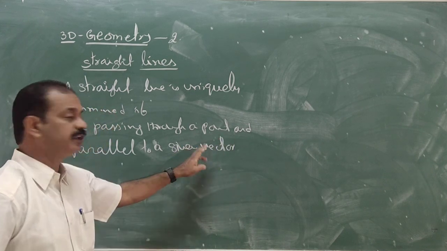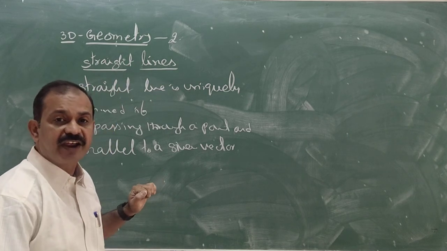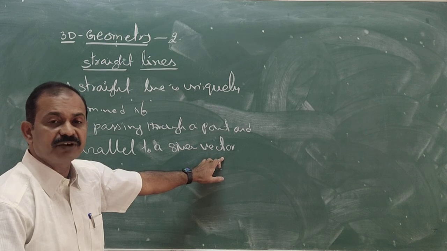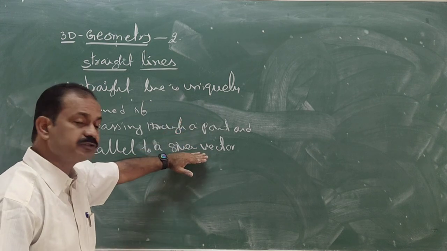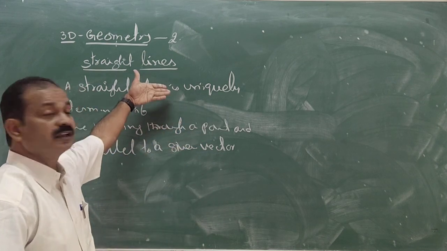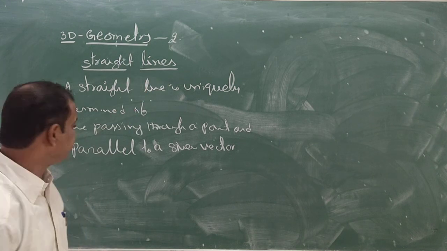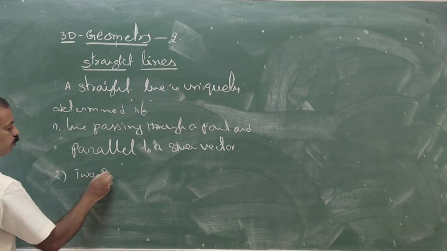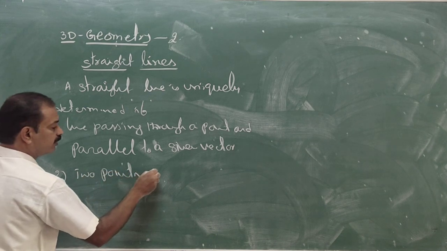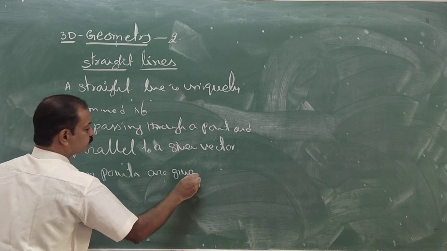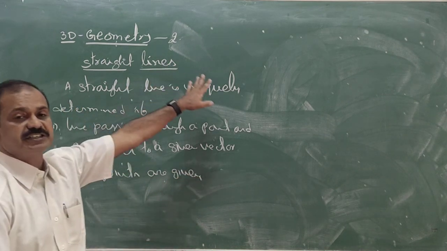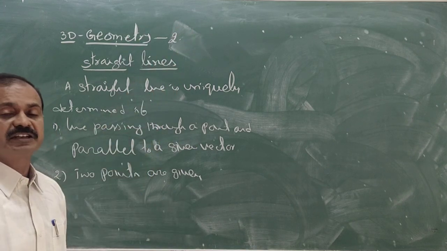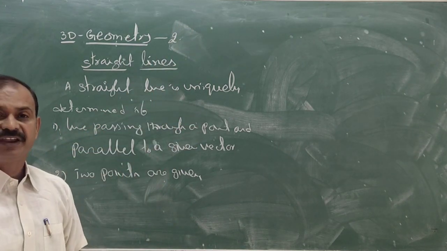When these two are given, the straight line is defined. Or if two points are given in space, then also the straight line will be determined. So in these two cases, straight lines can be defined.